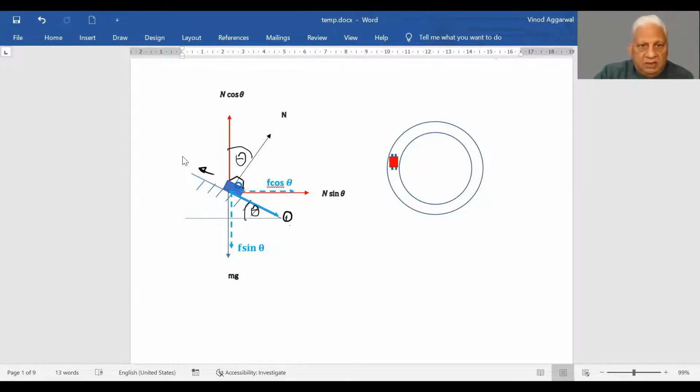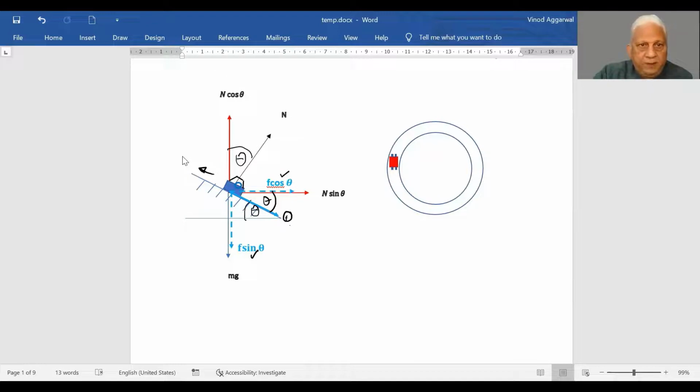Now let's do some analysis. This is the friction force F. We resolve it into two components. One is F cos theta, since this is theta. This is theta, so this will also be theta. And another component perpendicular to it is F sin theta.